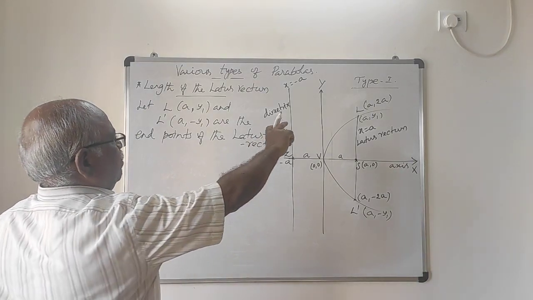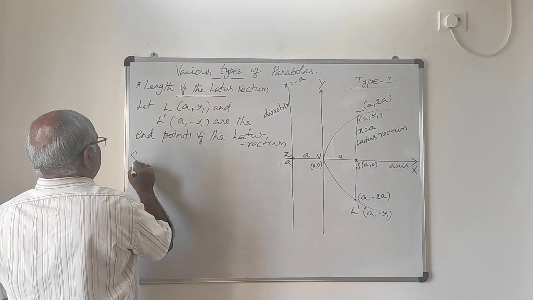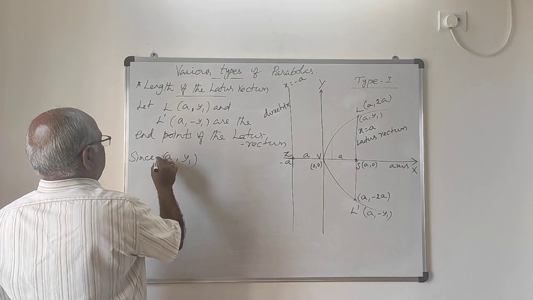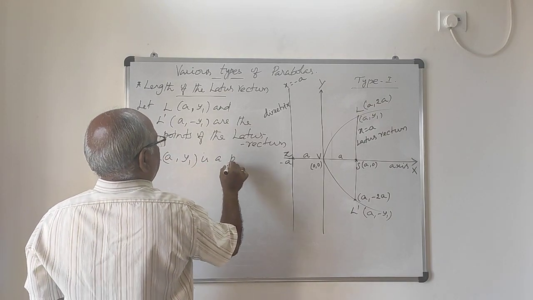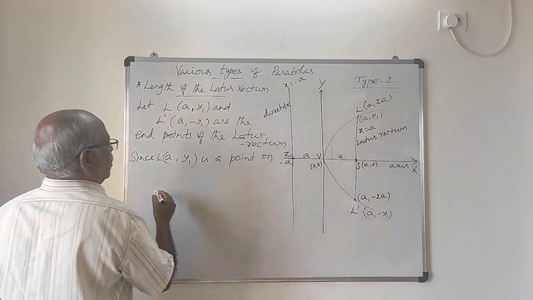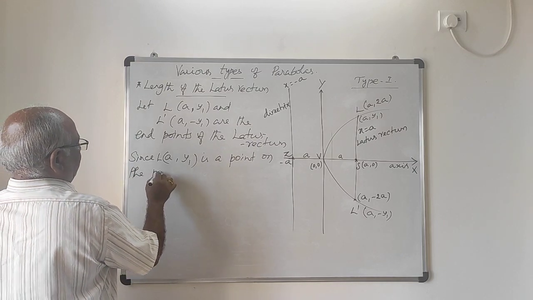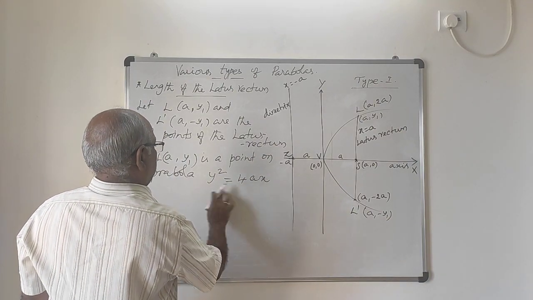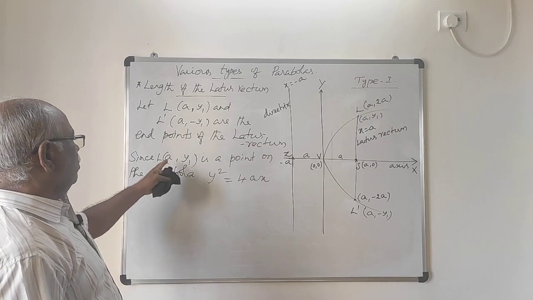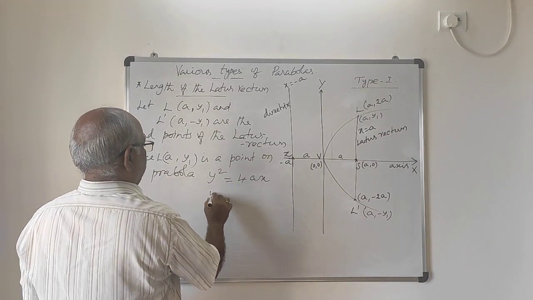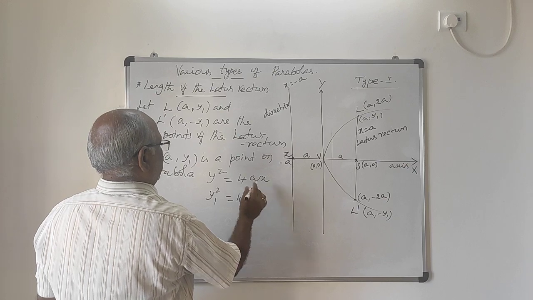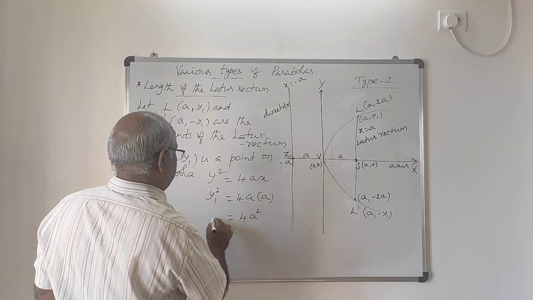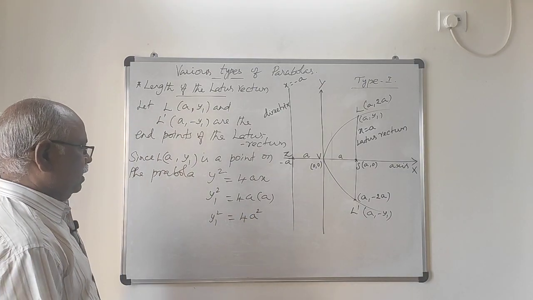Since L (a, y1) is a point on the parabola y square equal to 4ax, the point (a, y1) satisfies it. Therefore, replacing y with y1 and x with a, y1 square equals 4a into a, which is 4a square.